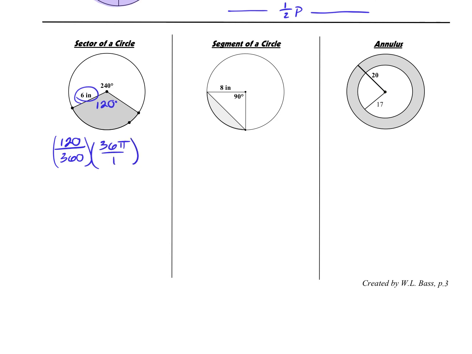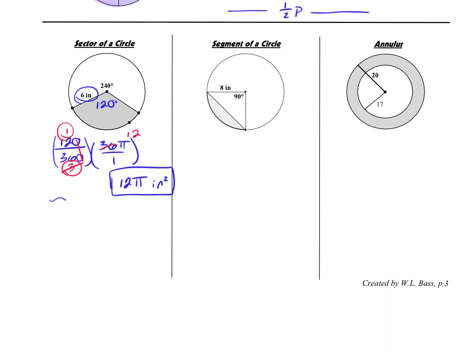Now, if you're using this method, this is more of a definition method, we can see that these would reduce. This would become 1/3. My 3 is going to divide into my 36, so I can reduce again. And my area for this shaded region, this minor sector, would be 12 pi, and it's an area now, so it's inches squared.